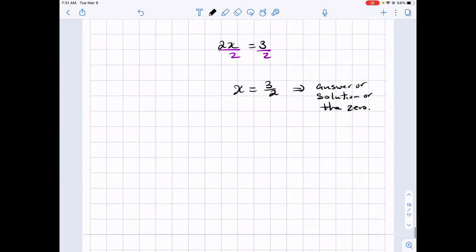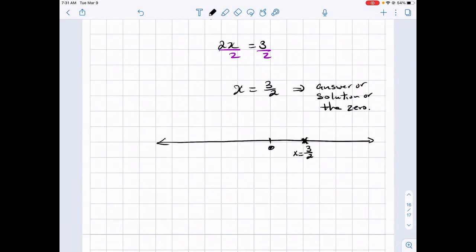And the reason we call it zero is because if you look on the number line, or even the x-axis, x equals 3/2 will be somewhere over here.